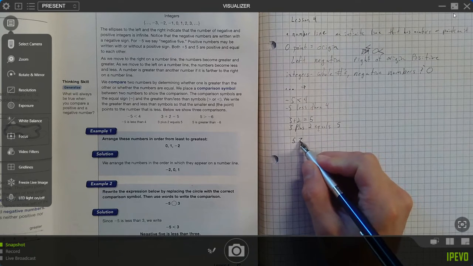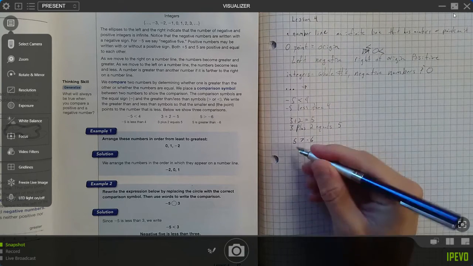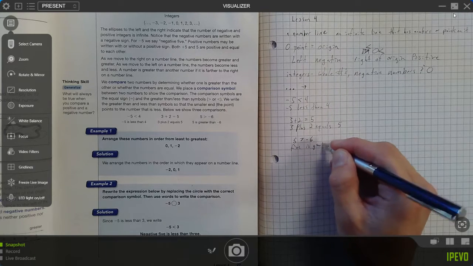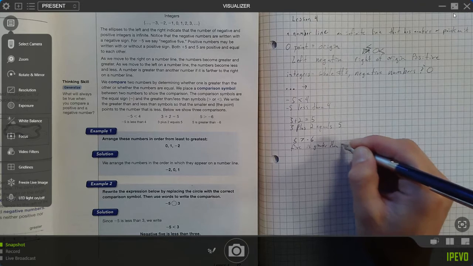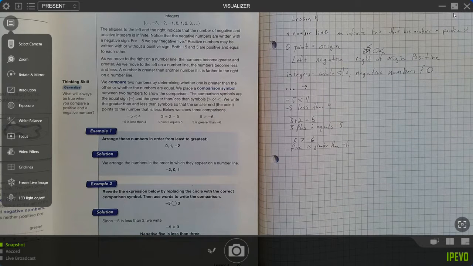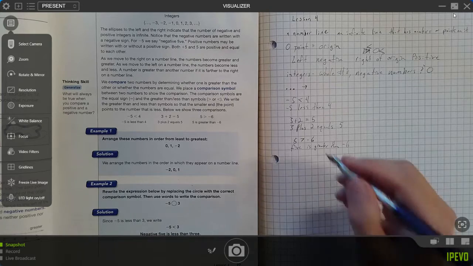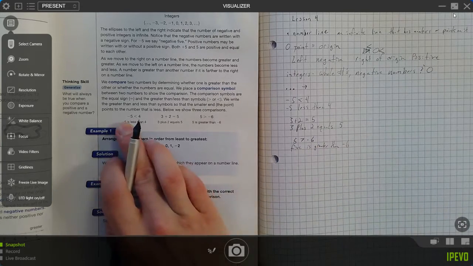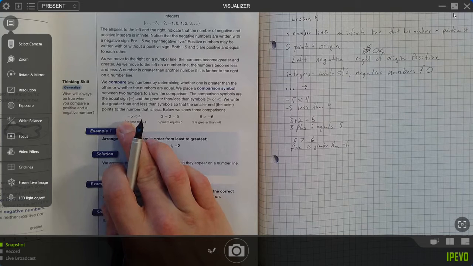And then we have 5 is greater than -6. When we do these greater than, less than symbols, we always start with the leftmost number when we talk about it.